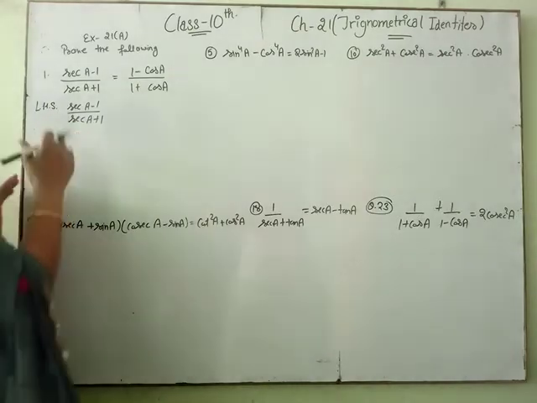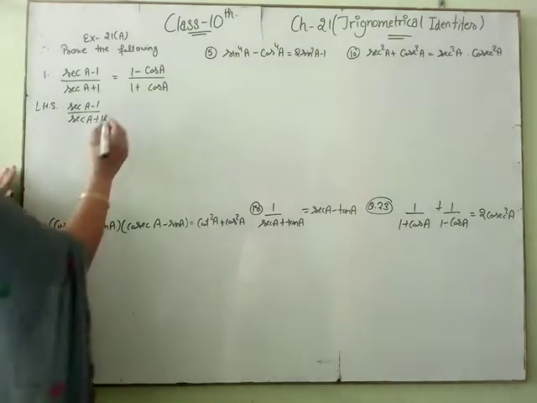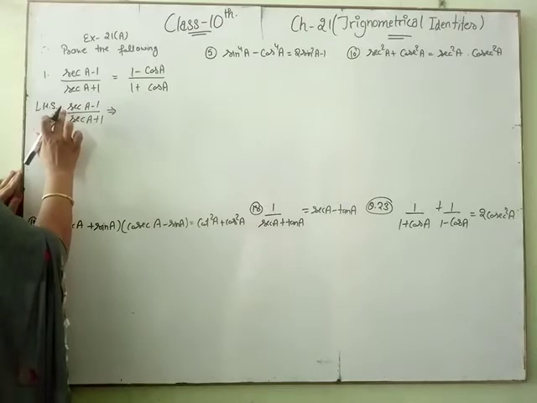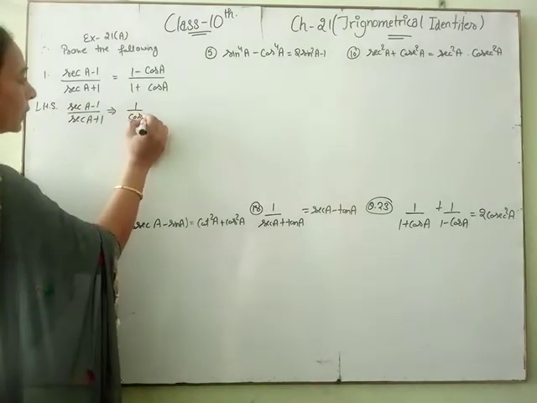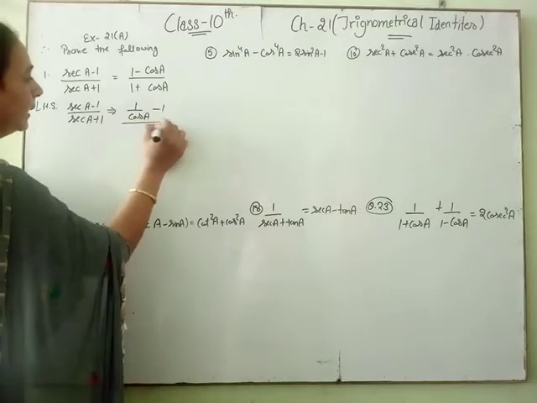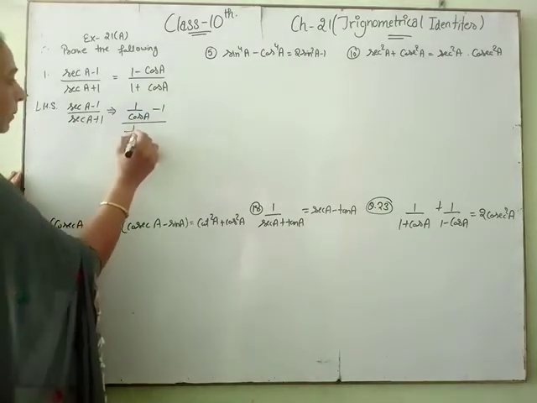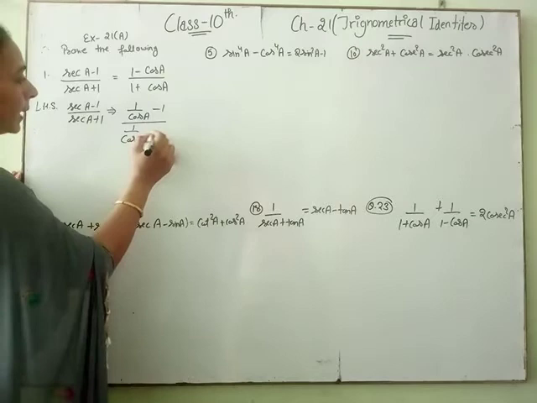So we change secant into the form of cos. We put secant A equal to 1 by cos A, so 1 by cos A minus 1, divided by 1 by cos A plus 1.